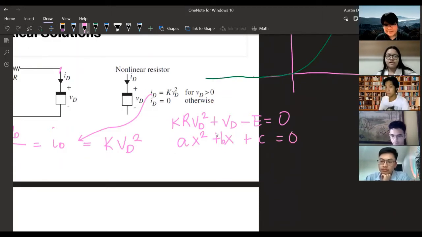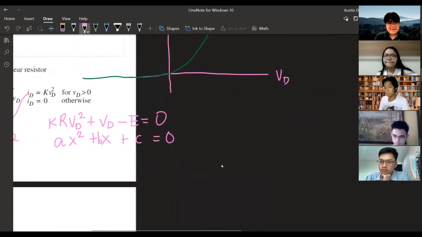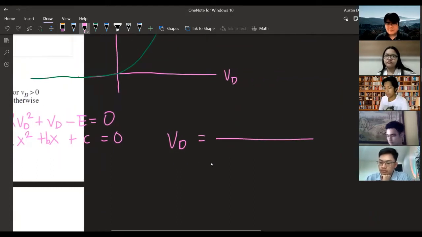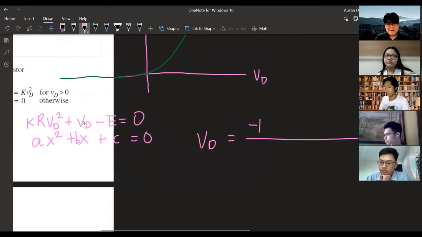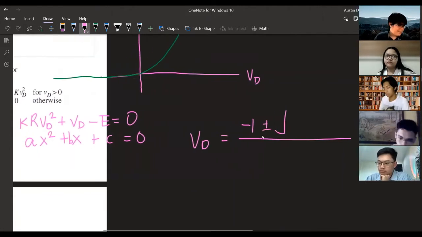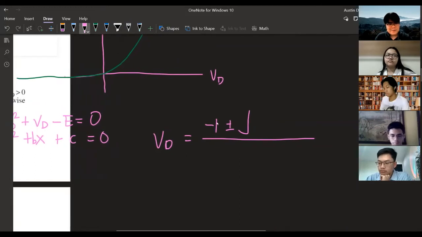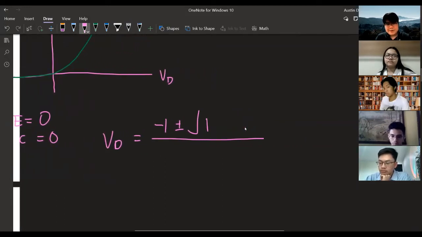And how do you solve this? Quadratic equation. So VD must be equal to negative 1, kasi yung B mo dito ay 1. Then plus or minus square root ng B squared minus 4AC, di ba? B squared minus 4AC. So B is 1 again. 1.